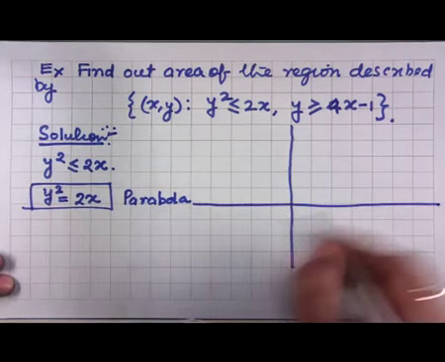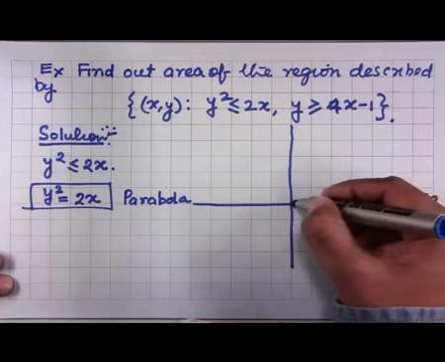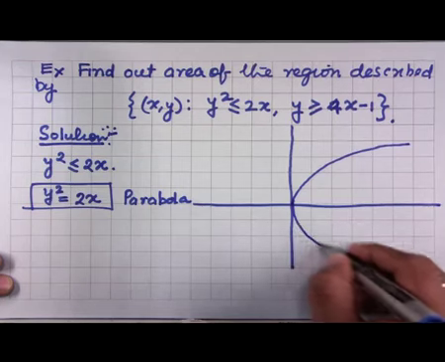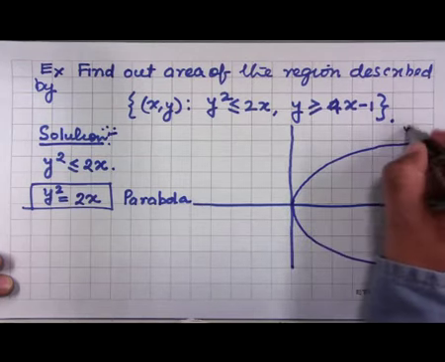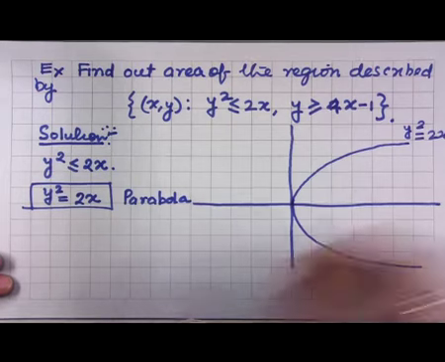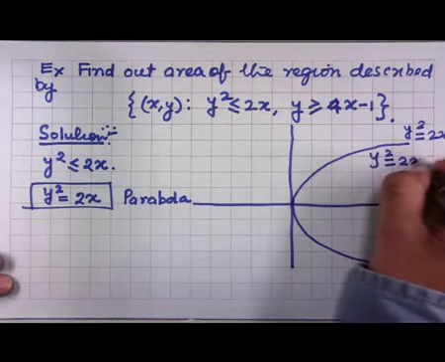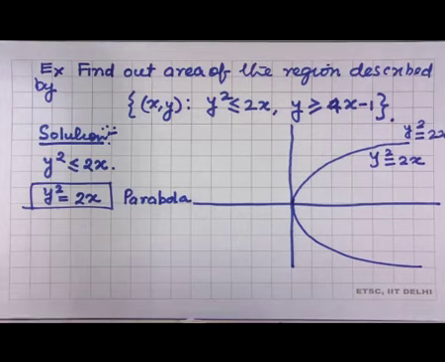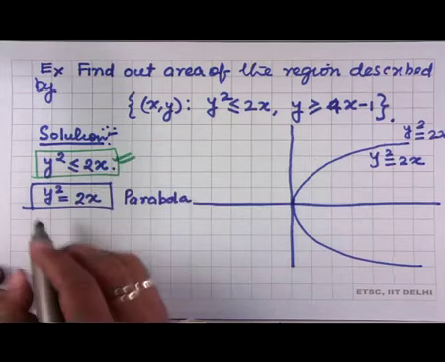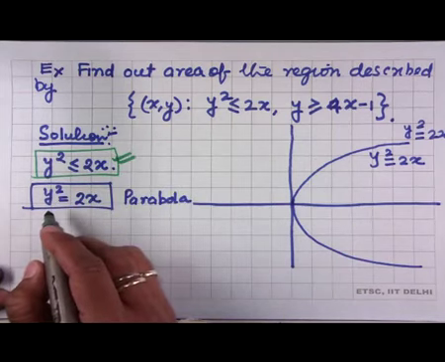So, you get this, y square equals to 2x. Now, we need to find out which region is represented by y square less than or equal to 2x.